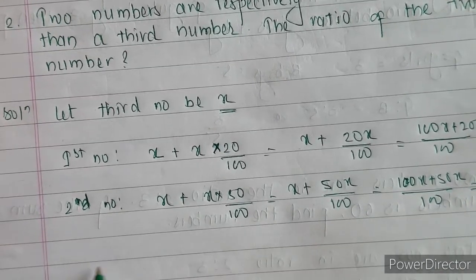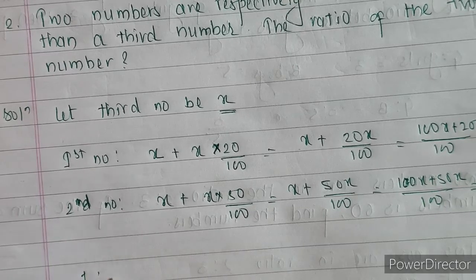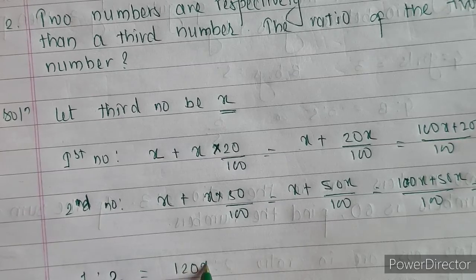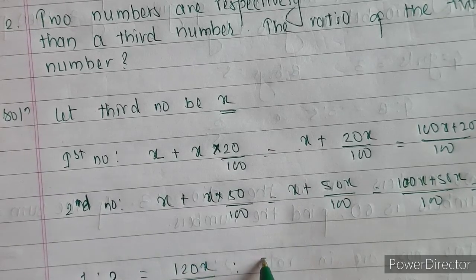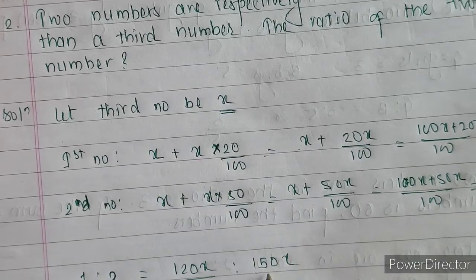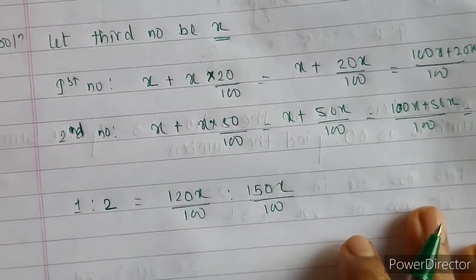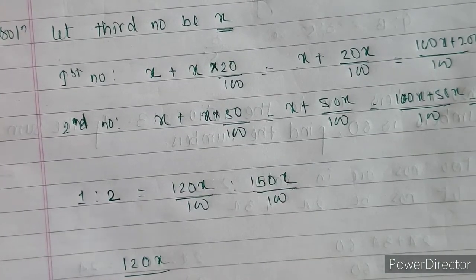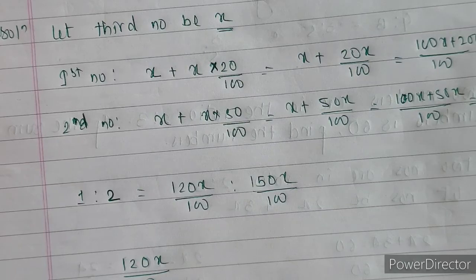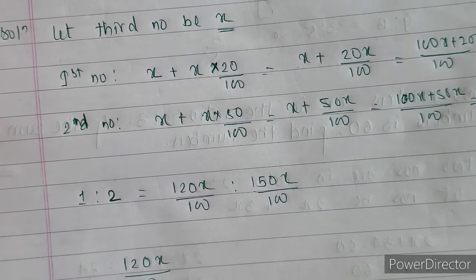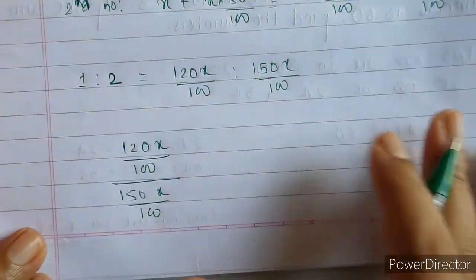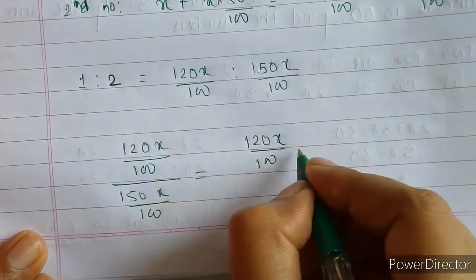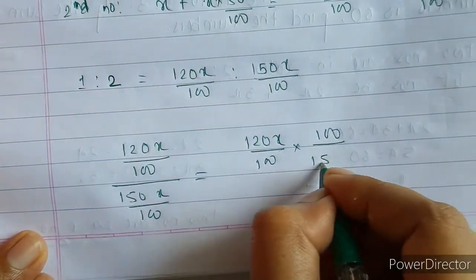Okay, we need to find the ratio of the first number to the second number. That is 120x by 100 is to 150x by 100, right? We can write this as 120x by 100 divided by 150x by 100, which can also be written as 120x by 100 into 100 upon 150x.